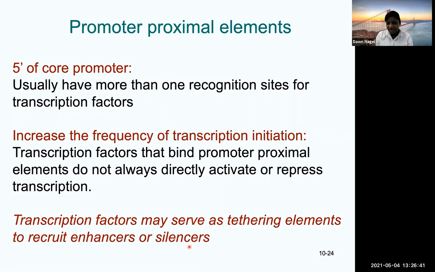These elements within the proximal promoter don't necessarily need to be in a particular orientation. They can be facing any direction when you read the sequence of that cis element. However, they need to be present at a particular position. So position is very important for the elements within the proximal promoter.